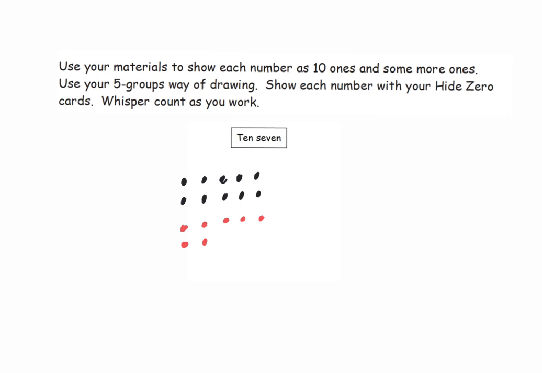So if we counted them all together, 1, 2, 3, 4, 5, 6, 7, 8, 9, 10, 11, 12, 13, 14, 15, 16, 17. So we got our 17.